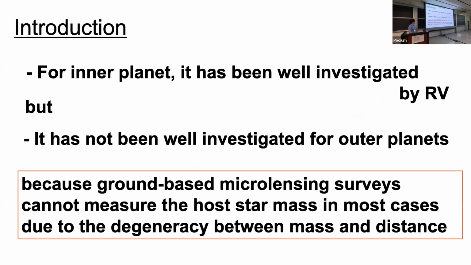For inner planets, it has been well investigated by using the planetary sample from radial velocity. However, it has not been well investigated for outer planets, which can be discovered by the gravitational microlensing method, because ground-based microlensing surveys cannot measure the host star mass in most cases due to the degeneracy between the mass and distance.